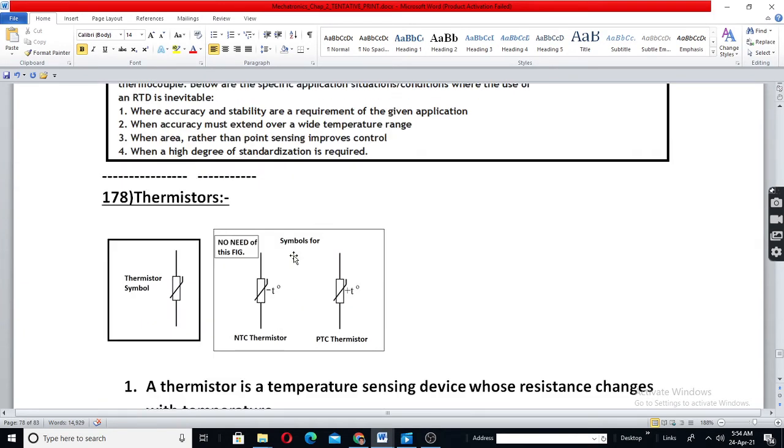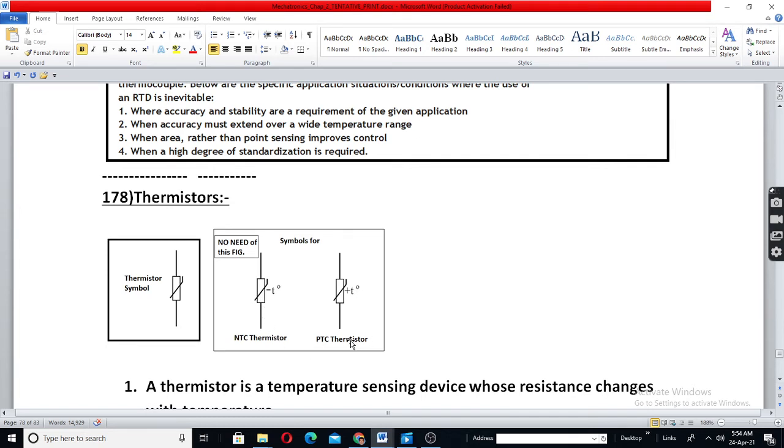Next, we have the thermistor. In a thermistor, when temperature changes, resistance changes. You have positive and negative temperature coefficient.